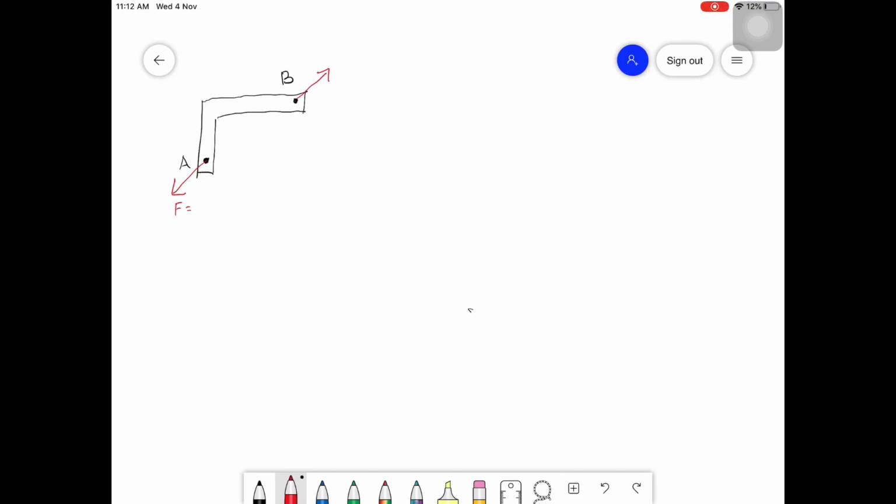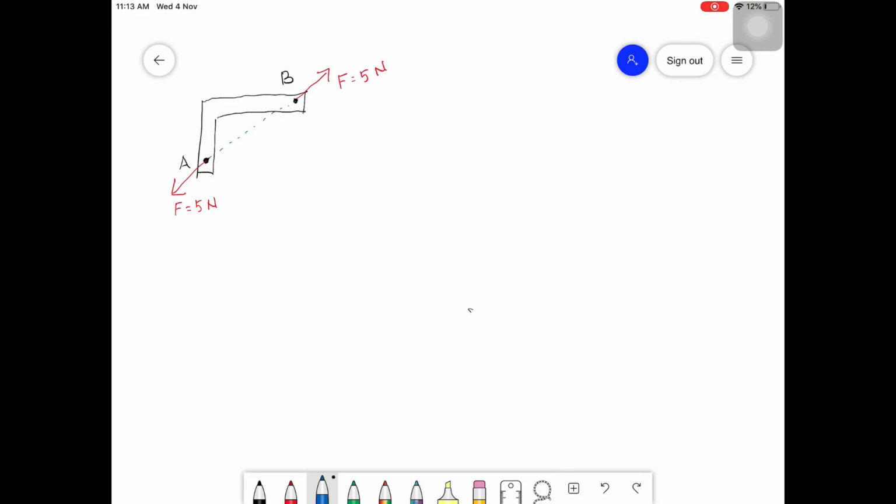Let's say this is F, 5 Newton. This is also F, 5 Newton, and in one line. So that is a two force member.